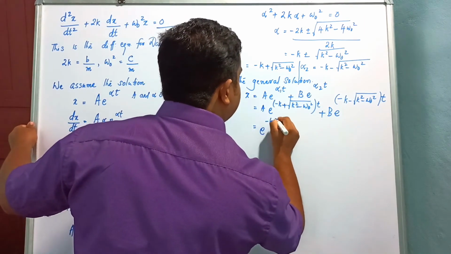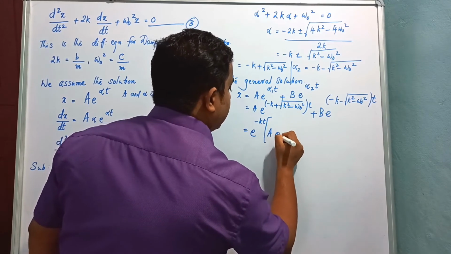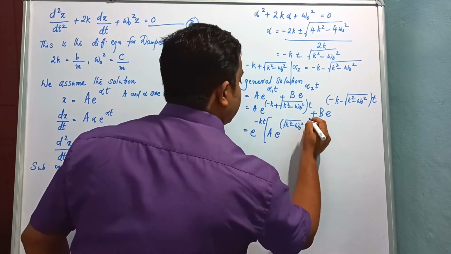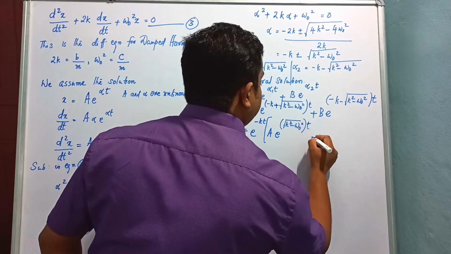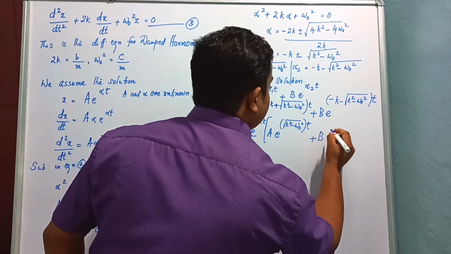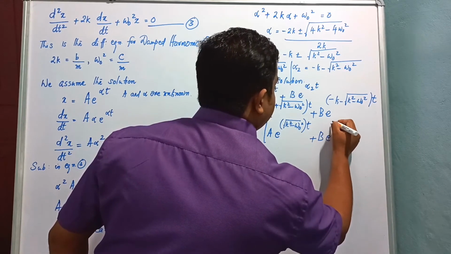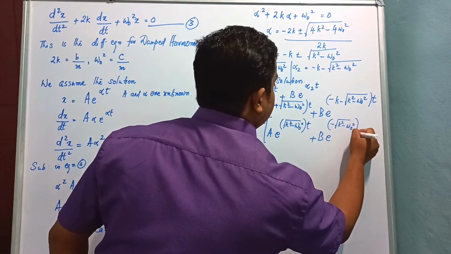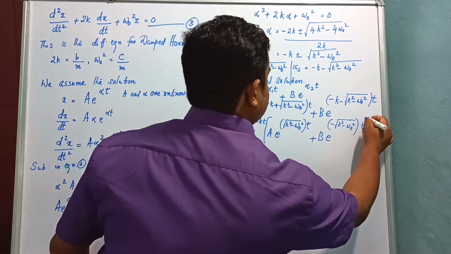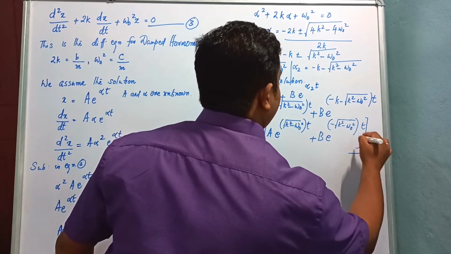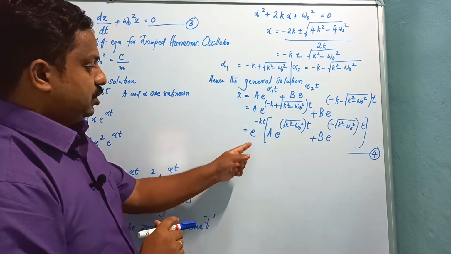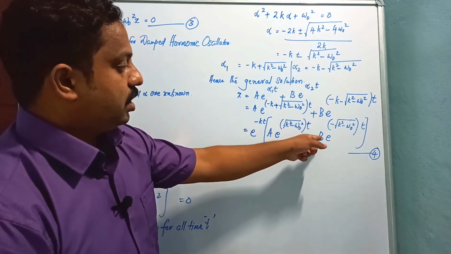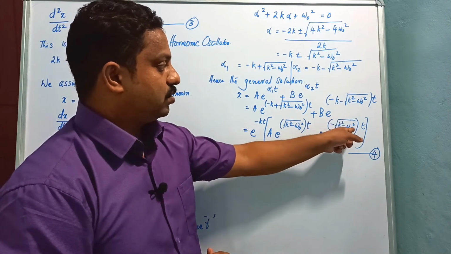So e raised to minus kt, a e raised to square root of k square minus omega 0 square into t plus b into e raised to minus square root of k square minus omega 0 square into t.